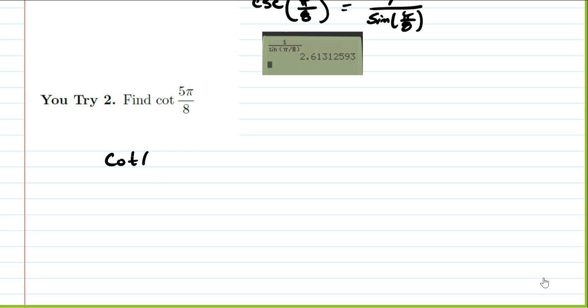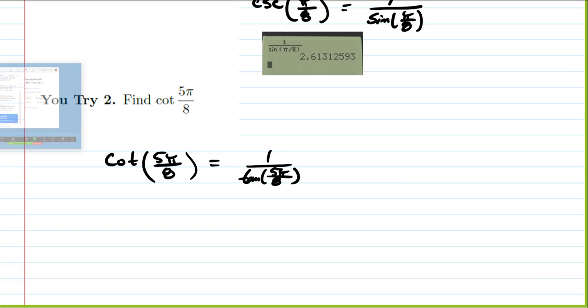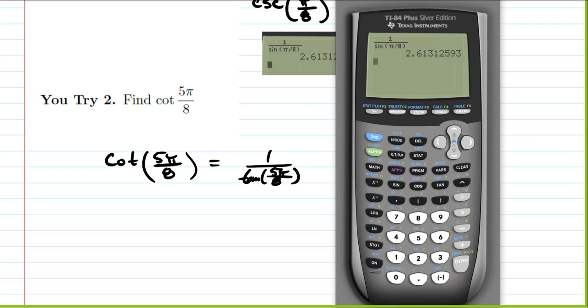So the cotangent of 5 pi divided by 8 is 1 over the tangent of 5 pi over 8. And then that is calculator food. So we go 1 over the tangent of 5 pi, and we divide that by 8. And we get the following value.